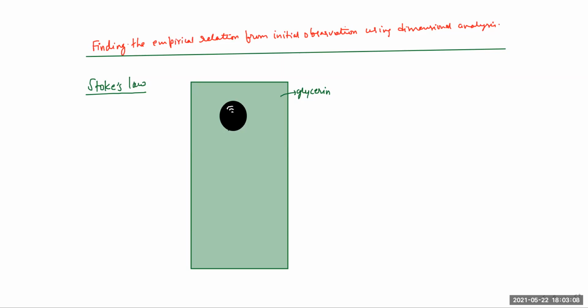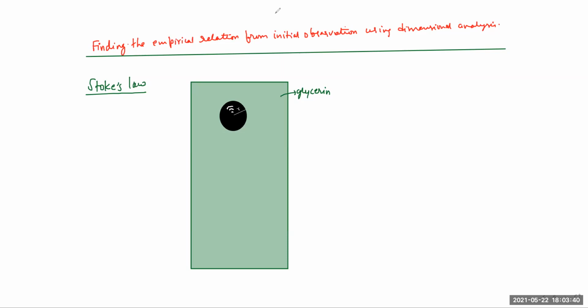Okay. So what he realized, let's say we have a liquid in which the ball is falling down, and this ball has some radius. The radius is r. For a spherical object, radius is a sufficient way to explain every other feature, let's say surface area or volume.